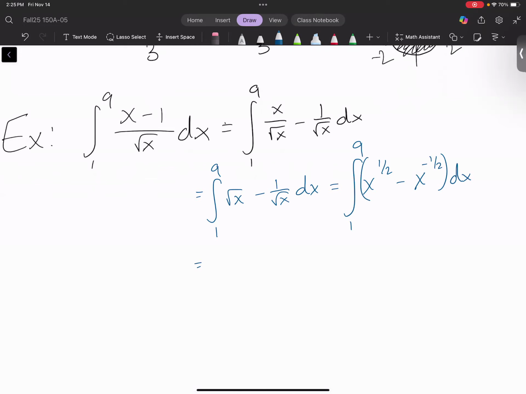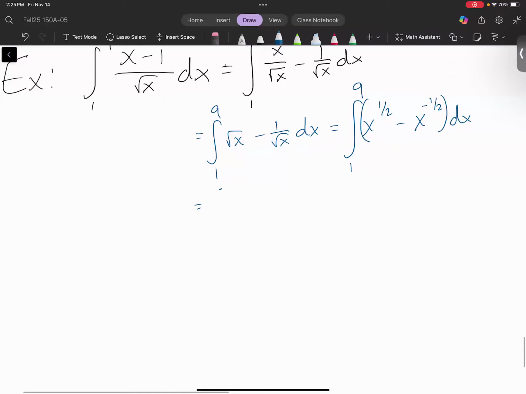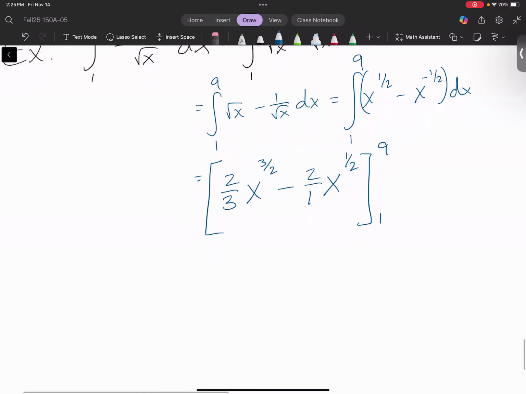Now, integral power rule, we add one to the exponent, so this becomes 3 halves. Then we divide by 3 halves, so that's multiplying by 2/3. Same thing for this one, the minus carries along. Then x to the negative a half plus 1 is positive a half, and we divide by that, 2 over 1. Now we have our bounds, 1 to 9.